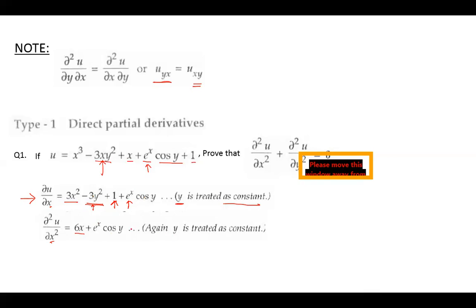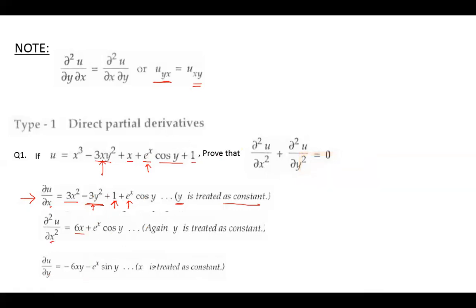Okay. Now let's find out ∂u/∂y. What we need to remember is that here x is constant. So the derivative of x³ when you are differentiating partially with respect to y will be 0, since it is a constant. Next, here we need to differentiate y².